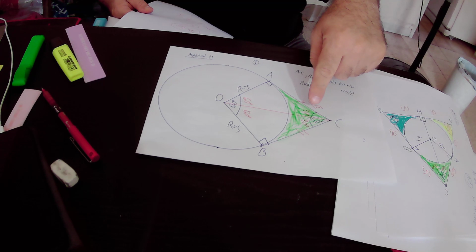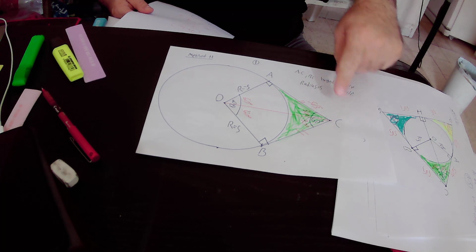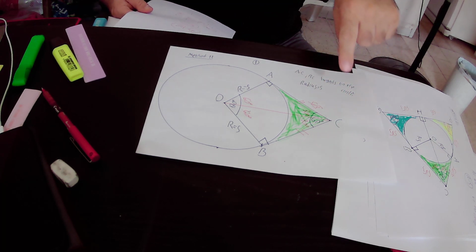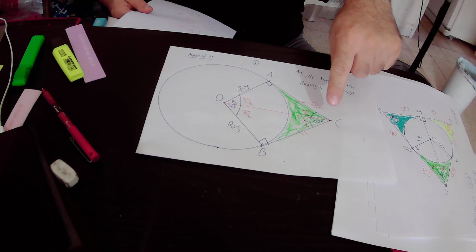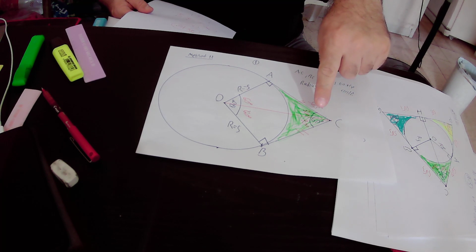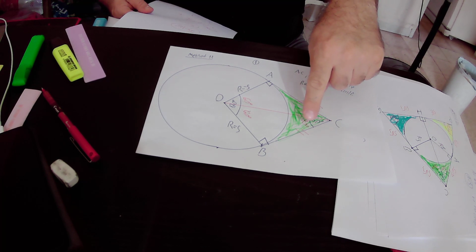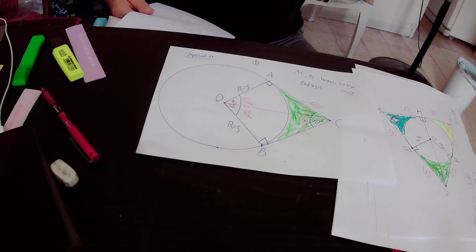And so the sum of those two angles is x plus x, that is 2x. And 2x must be equal to 60 degrees. We divided this equality by 2 and we got that x equals 30 degrees. So this angle equals 30 degrees and this angle BCO also equals 30 degrees.